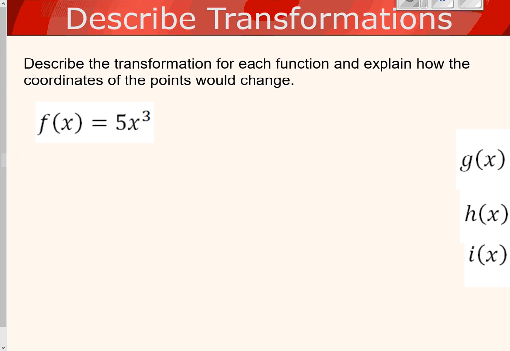All right, so describe all the transformations for each function and explain how the coordinates of the points would change. So this 5 in front, we have 5x cubed, so that's being multiplied to the whole x cubed function. So this is a vertical stretch by a factor of 5.